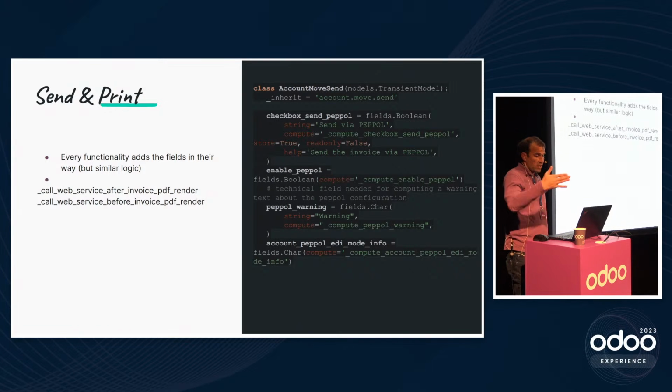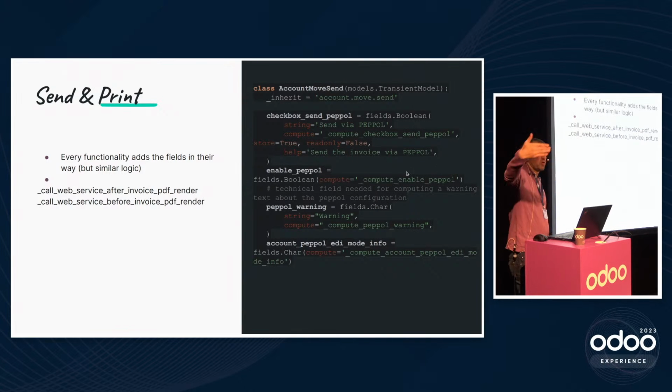I quickly showed in the code, it looks like this. So you inherit that send and print wizard in the invoice, and you can add the things yourself. Mostly we have a checkbox to say, okay, send it, and we also have a field that says, do we make this checkbox visible?